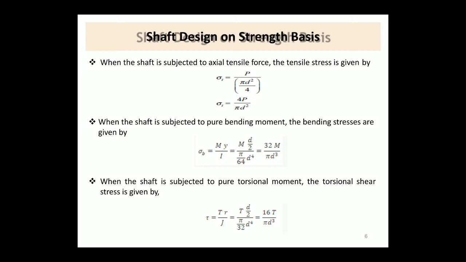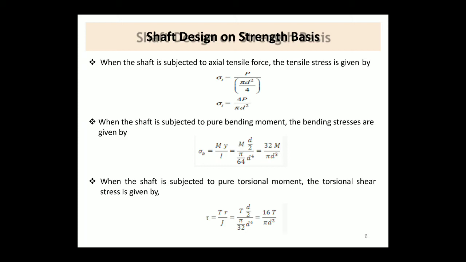For the circular solid shaft, the polar moment of inertia J can be given as pi by 32 d raised to 4, and the value of r is d by 2.